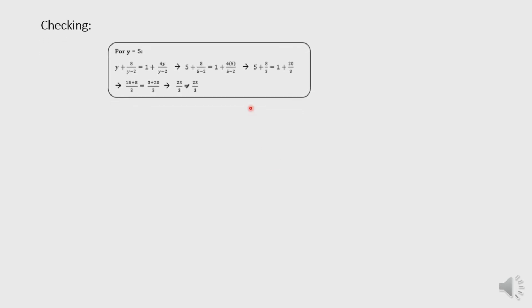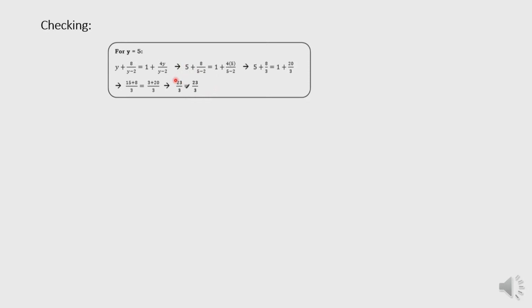Now let us check by substituting the values of y in the original equation. After substituting the value of y, which is 5, into the original equation, you come up with the left side of the equation equal to the right side. Therefore, y equals 5 is true.